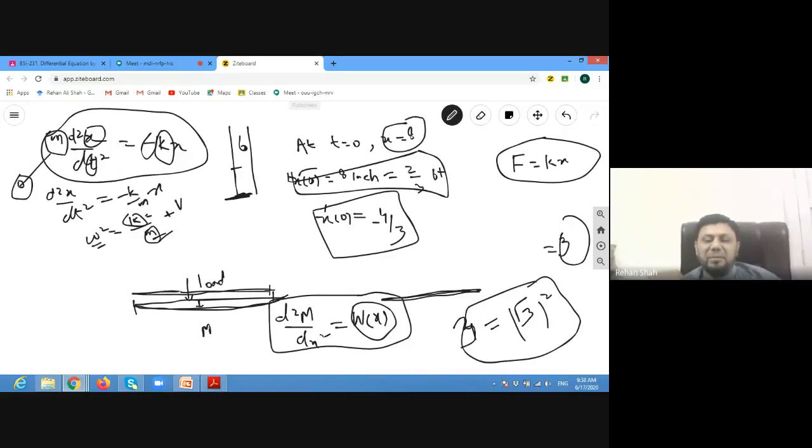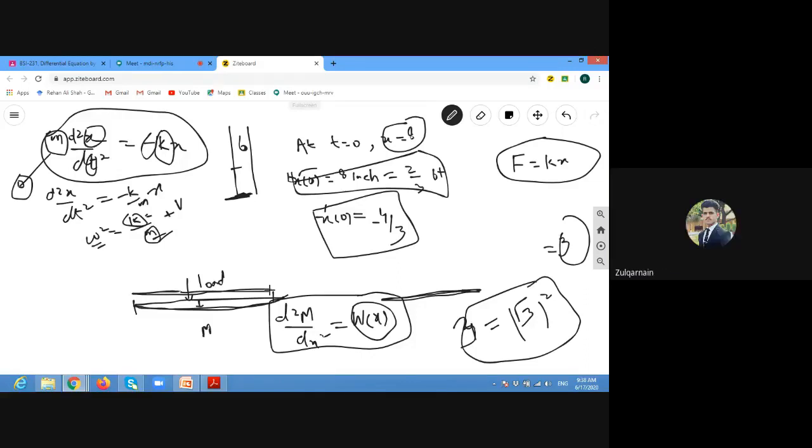But if W of x is variable, it means the load is distributed differently at different values of x. At different lengths of x, its load is different. Is it okay?